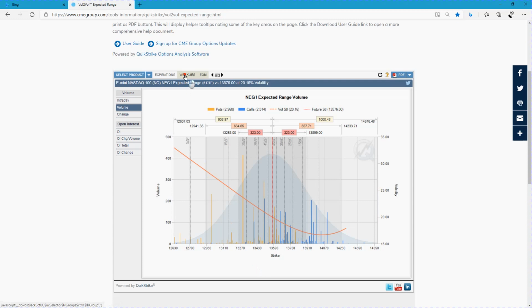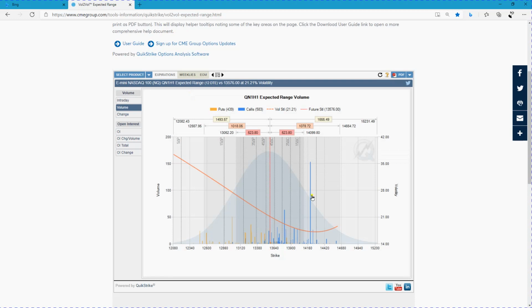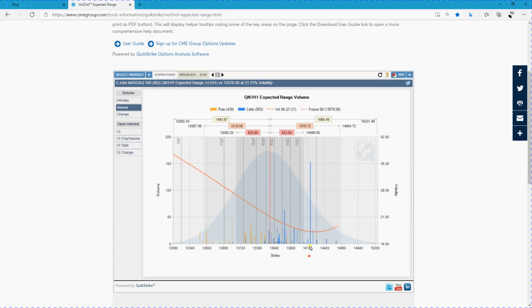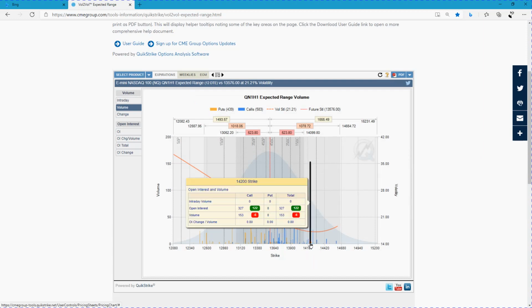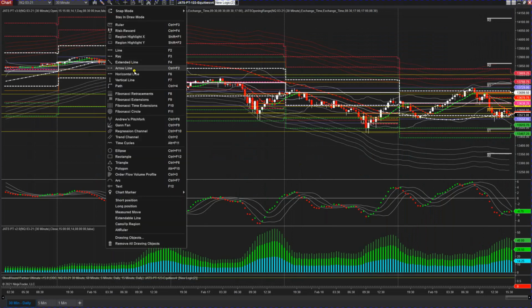And finally, doing the same thing for the weekly, and seeing where the big interest is sitting and making a note of that and putting it on the chart. Not sure if I got that one.